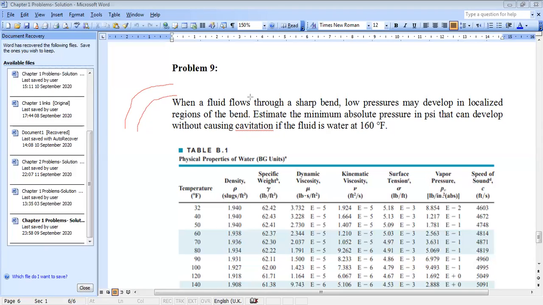So whenever they ask you what is the minimum pressure to avoid cavitation, you say that to avoid cavitation, the minimum pressure is the vapor pressure at this temperature.